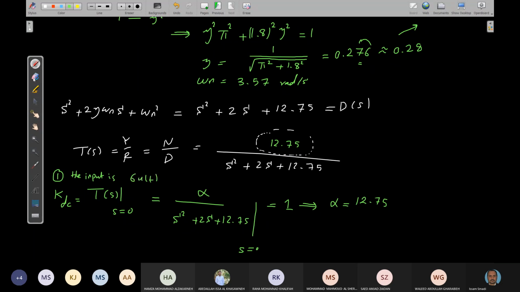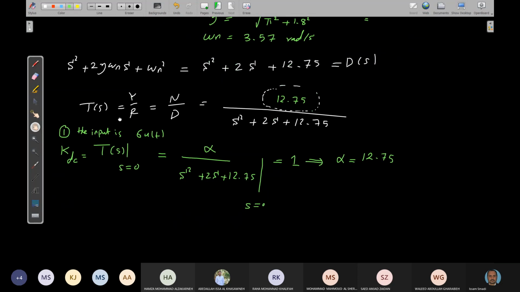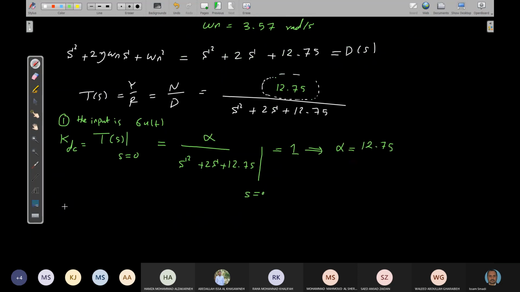Now, what if I change this assumption? Of course, this will change the error. The above response is for a unit step. In this case, R of t is equal to 1, which is U of t.